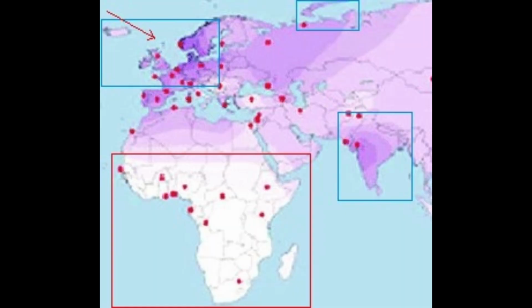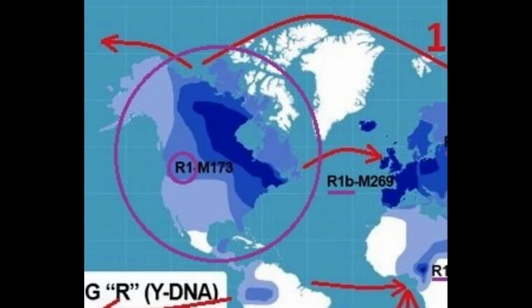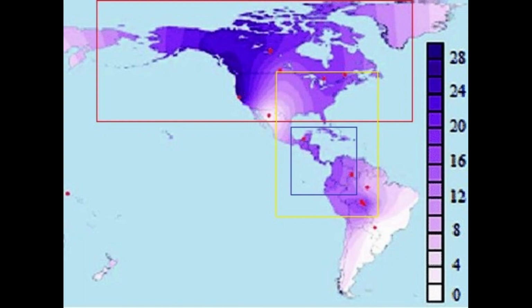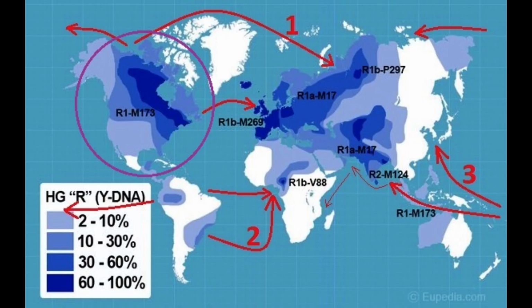Please see red rectangle tangling sub-Saharan Africa. Further, Native Americans, our real and proven ancestors, do have the highest frequencies of Neanderthal DNA. Please see the red and other rectangles tangling parts of the Americas, especially the parts where we modern humans R1 had their root and came from.